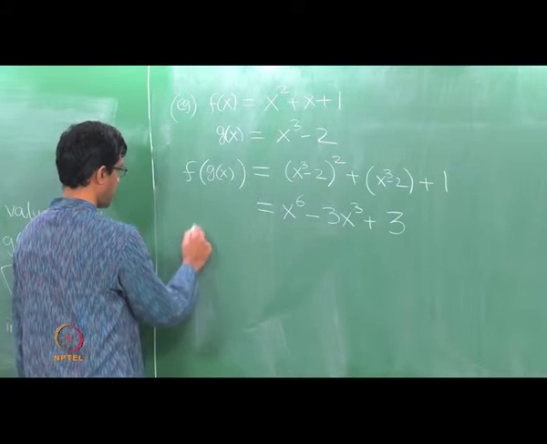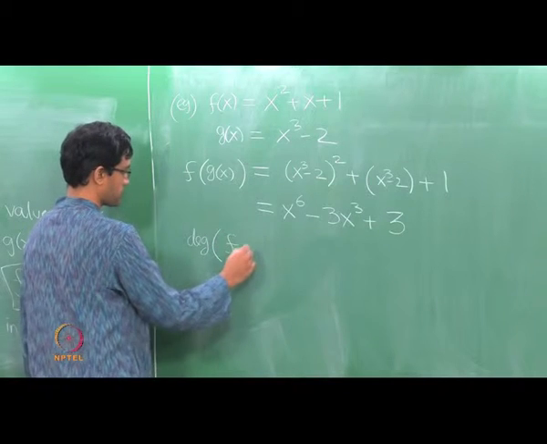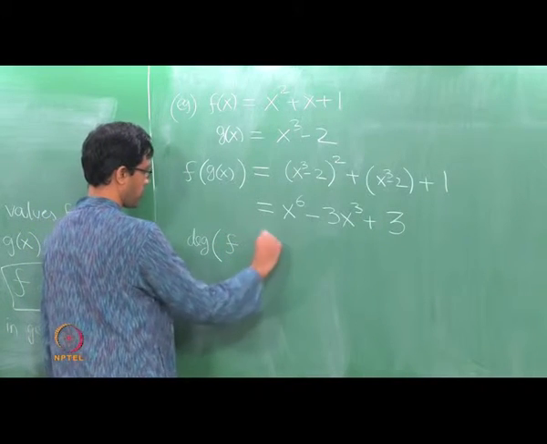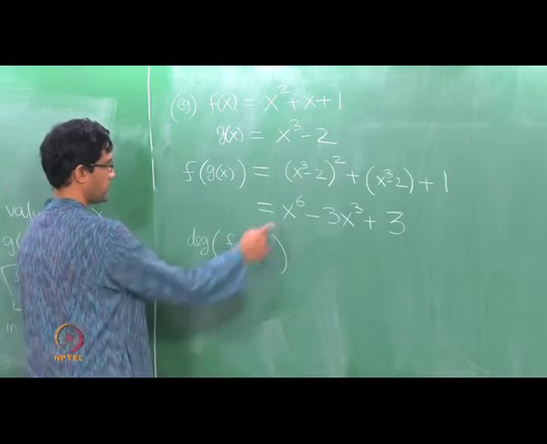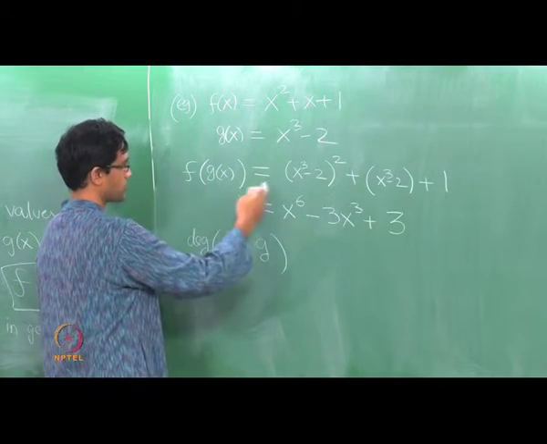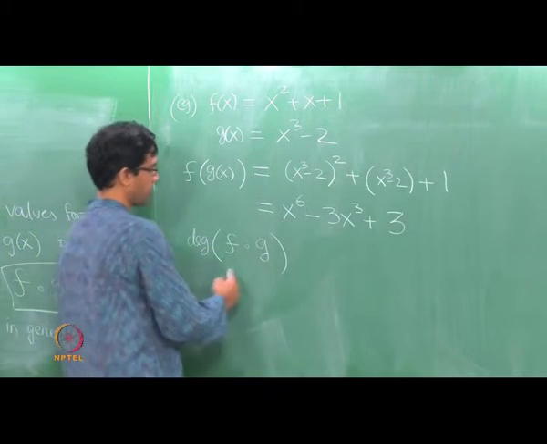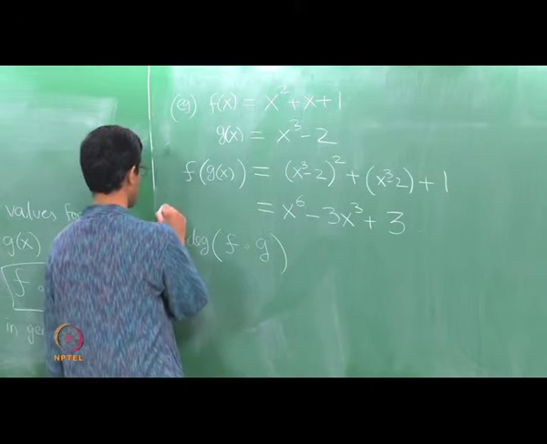Now what are the key properties of this? Observe that the degree of f circle g, meaning the composition of f and g: in this case one of them was degree 2, the other was degree 3, and their composition had degree 6. And this is true in general.